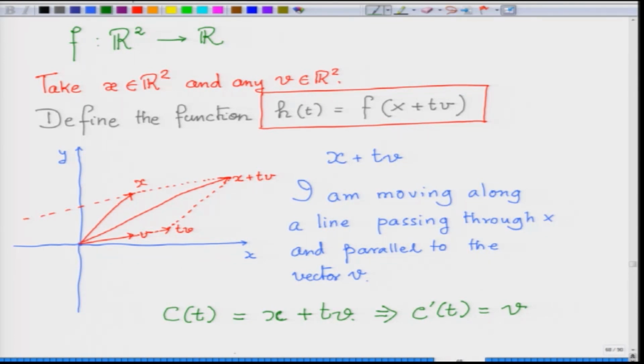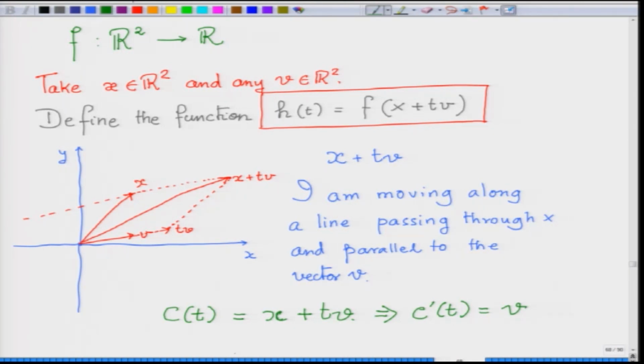So, my rate of change of the function along the direction, see, when I am talking of the function h(t), it is a restriction of the function f along this line which is passing through x and is parallel to the vector v, so it is in the direction of the vector v. What I am trying to say is that c dash t tells you at what rate you can move along this line. It is as if the velocity along this line would remain constant, this velocity vector would remain constant. So, you are basically moving along the line with constant velocity, you can think in those terms.